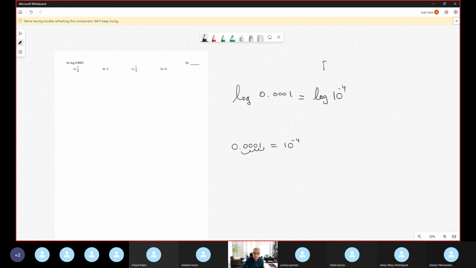We are using property 7, which allows this exponent to go to the front. Here, minus 4 times logarithm of 10. I forgot the parenthesis to close the argument. And the logarithm of 10 is 1, because the base is 10, and the answer is negative 1. Final answer.